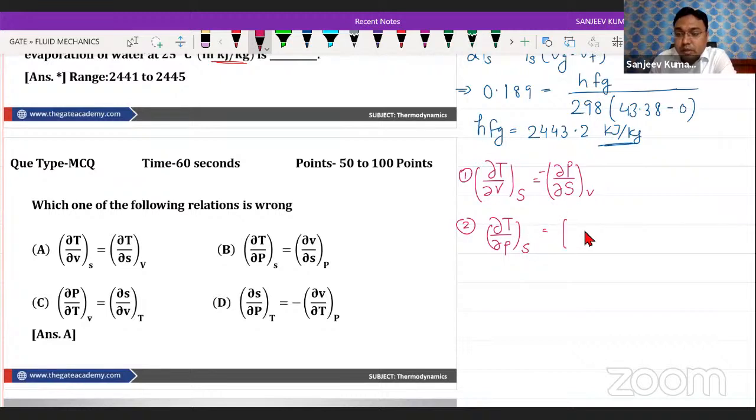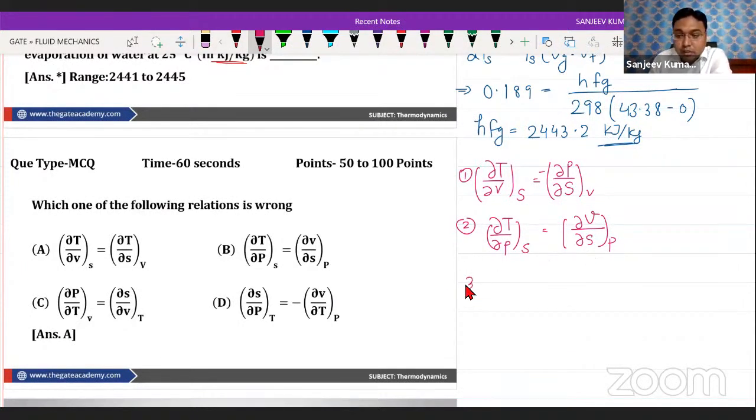Similarly, I'll do it here. Partial differentiation remains the same. Put S inside, P outside. TPS is there. So T and P are here, entropy is there. What is missing? Volume, right? Pressure, temperature, volume, entropy, all 4.